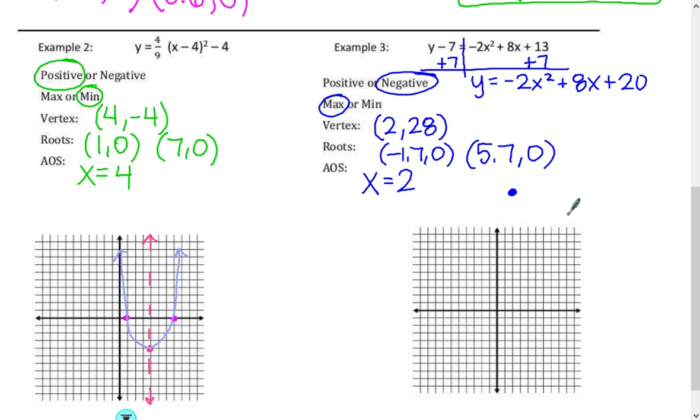And then our roots are at negative 1.7, which is between negative 1 and negative 2, and 5.7, which is between 5 and 6. 1, 2, 3, 4, 5, somewhere in here. And then very nicely, I'm going to draw in a big old U shape. And I can even draw in my axis of symmetry.